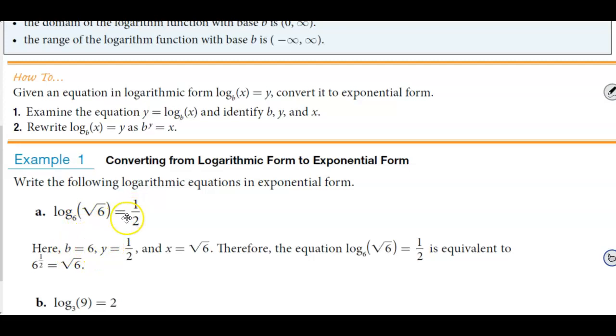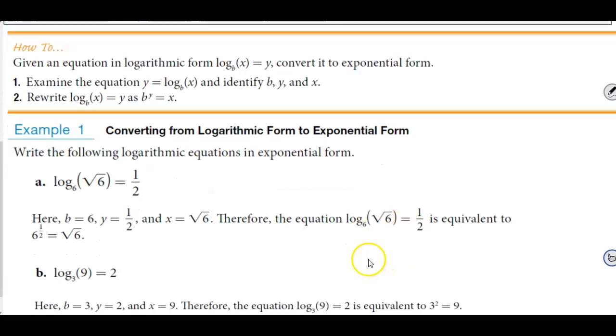We know that the exponent is 1/2, meaning that y is equal to 1/2, and therefore x is going to equal the square root of 6. Therefore, the equation of the log of base 6 of the square root of 6 is equal to 1/2 is equivalent to the following. b is the base, 6. We're raising it to the power of y, which is 1/2, which is equal to the square root of 6. And again, we're using that form, b to the y power, which is equal to x.